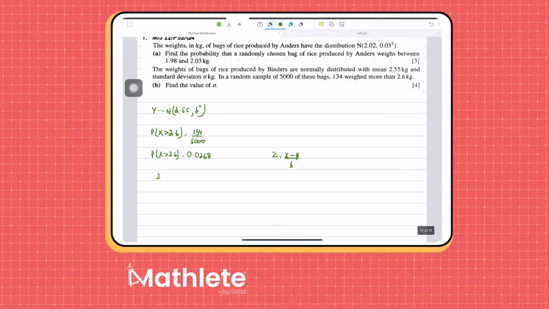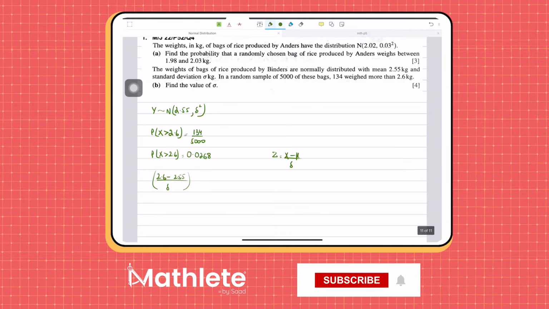So what's x? X is 2.6, minus mu, which is given to us as 2.55, divided by sigma, which we don't know. Okay, so what do we get? Well, we can't simplify this any further, so we'll leave it here only. This is what z is equal to.